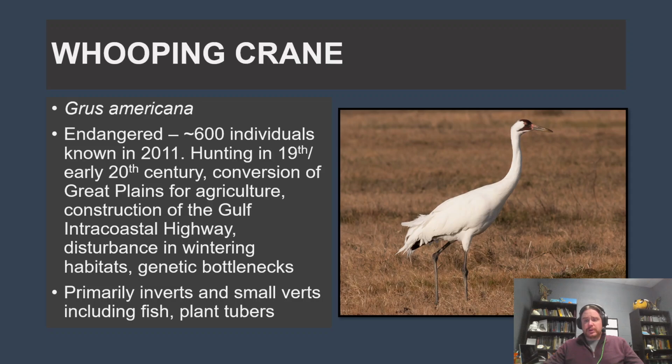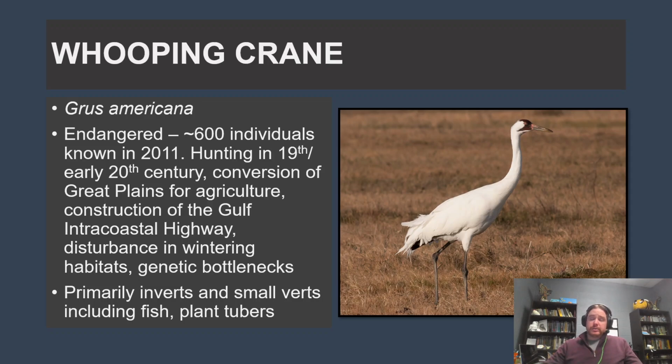Another thing that affects them greatly within part of their range is along the Gulf Coast, such as in Texas, and the production of the Intracoastal Highway, which is a very important economic thing that we have. You may not know this, but just Google this. It's really cool. Google Intracoastal Highway.